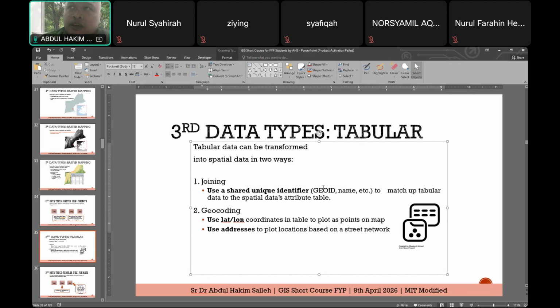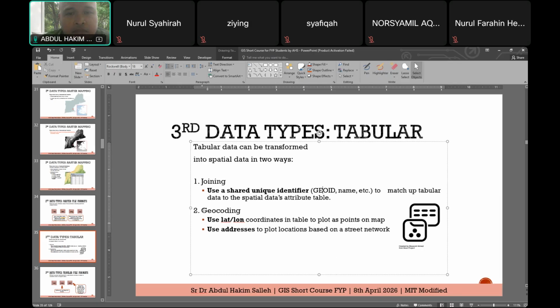For example, your IC card number can be connected with your Touch 'n Go e-wallet account. For example, it can be connected with your WeChat account, because there is information of a unique identifier, the unique ID.